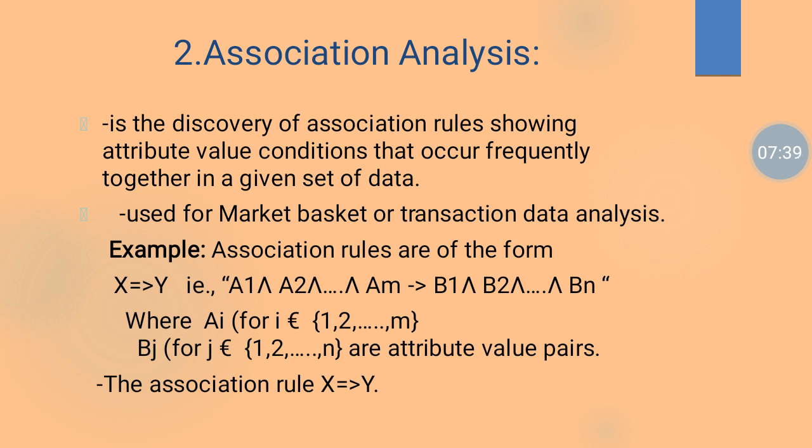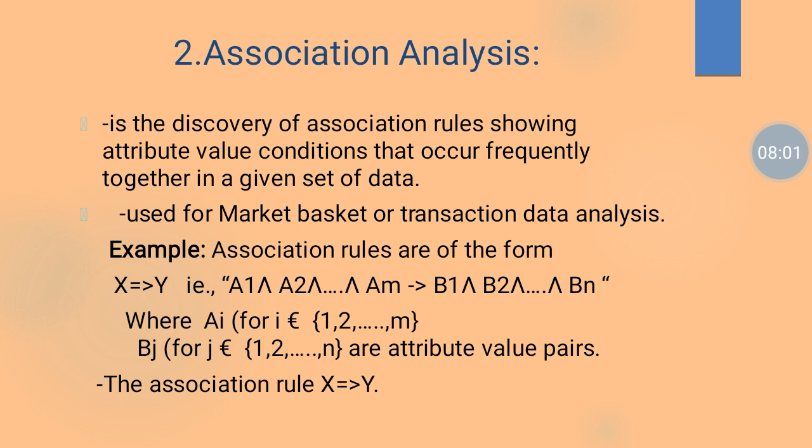It is a discovery of association rules showing attribute value conditions that occur frequently together in a given set of data. For example, we have to consider market basket analysis or transaction data analysis. How can the association rule be formed?